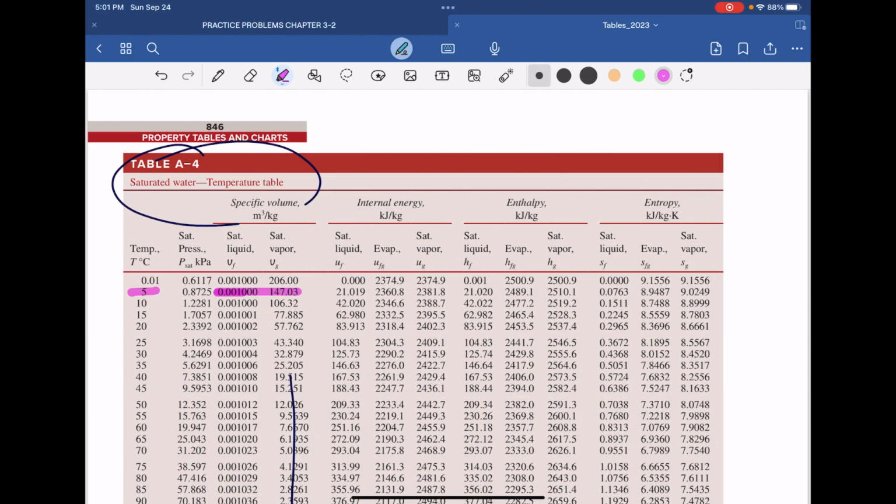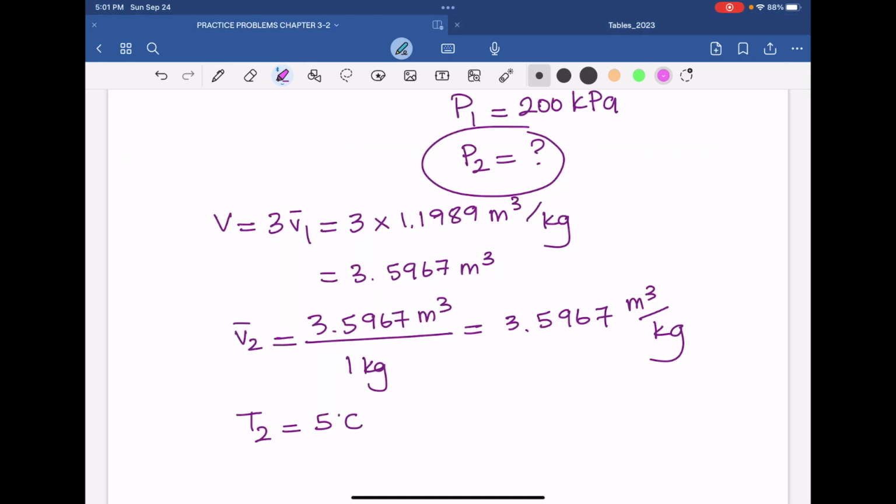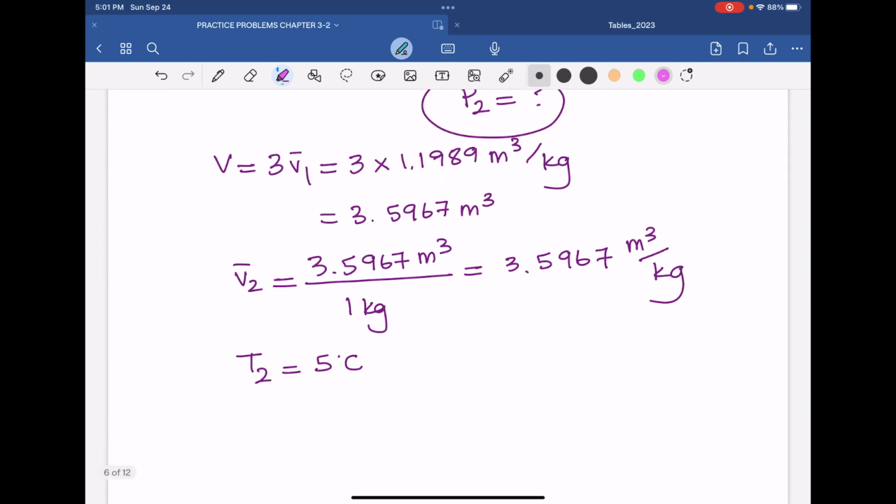So it is bigger than VF and smaller than VG. That tells you that you actually have a mixture. That is good, because if you have a mixture, you have to be at the saturation pressure at that temperature for the boiling to be taking place. So therefore, we can say our specific volume is in between VG and VF at that temperature. So we actually have a mixture.